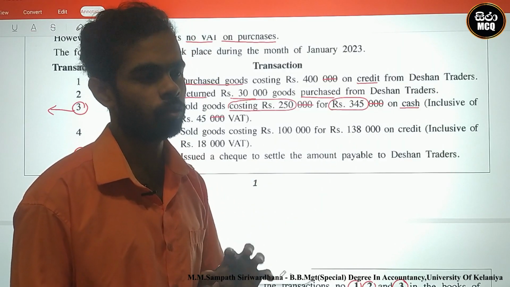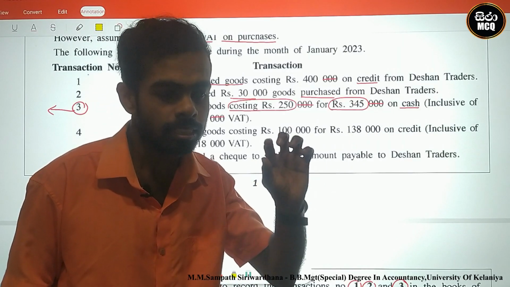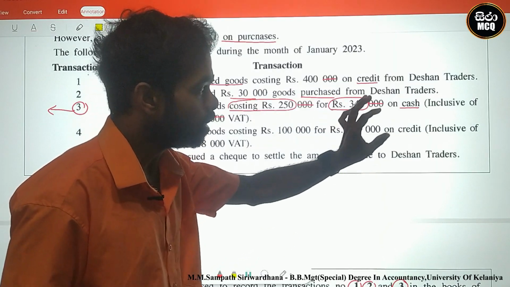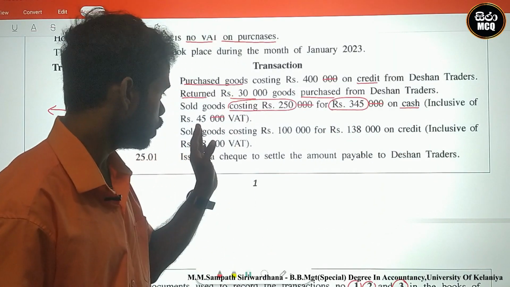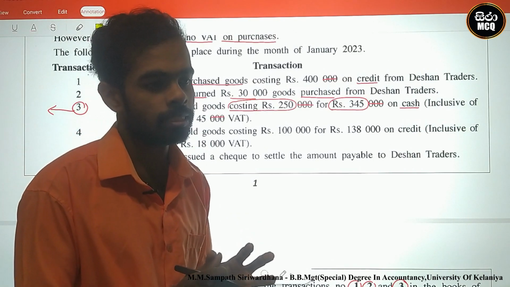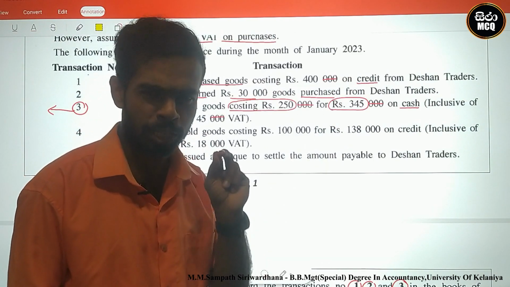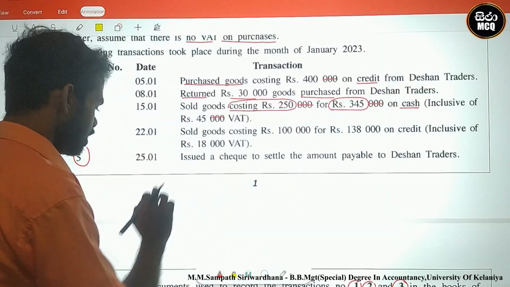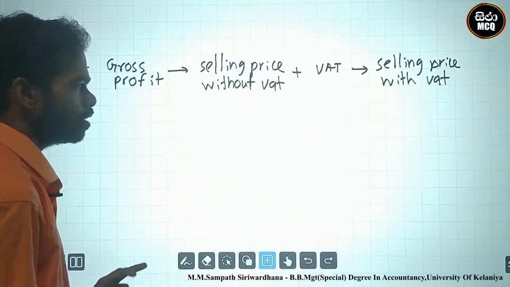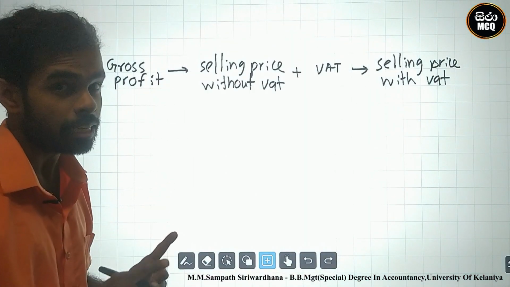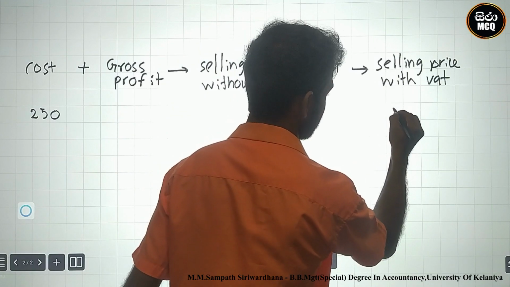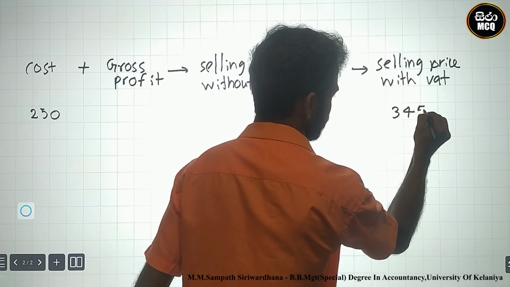We sold 345 inclusive of 45 VAT. Inclusive means this selling price included 45 VAT. Therefore 345 is the selling price, the VAT-included price. What is the VAT amount?